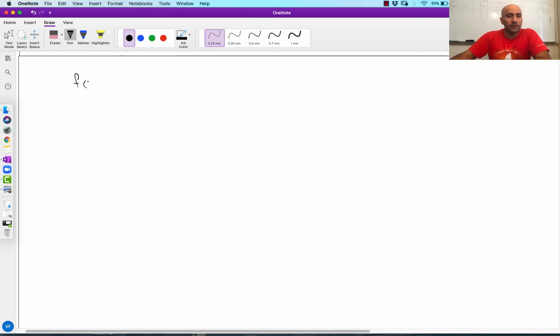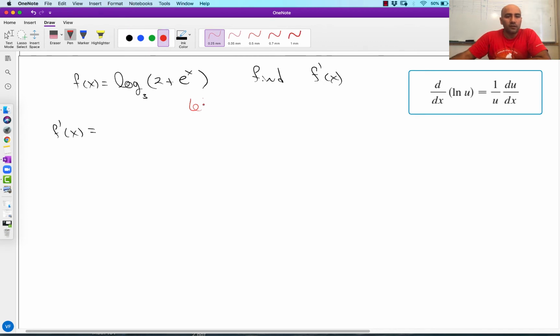Say function notation, let's say f of x equals log base 3 of 2 plus e to the x power. Okay, find f prime of x. Again, I'm going to do a substitution here, so we can use our chain rule. Let's let u equal 2 plus e to the x.